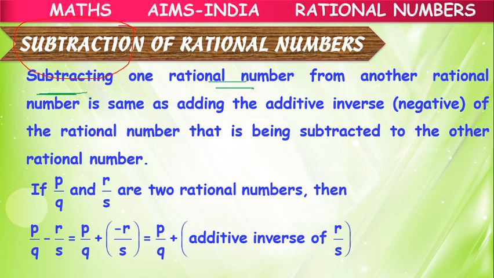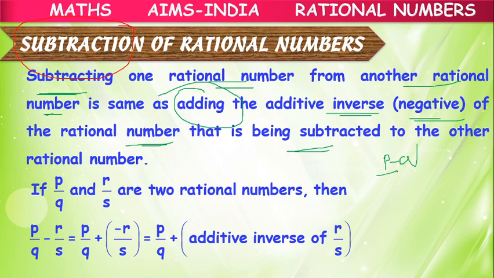Subtracting one rational number from another rational number is the same as adding the additive inverse, or negative, of the rational number that is being subtracted to the other rational number. Suppose I write p by q minus r by s.